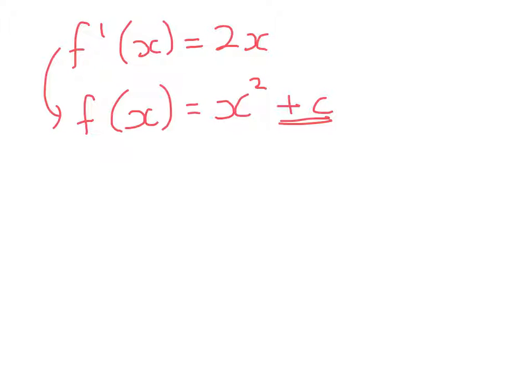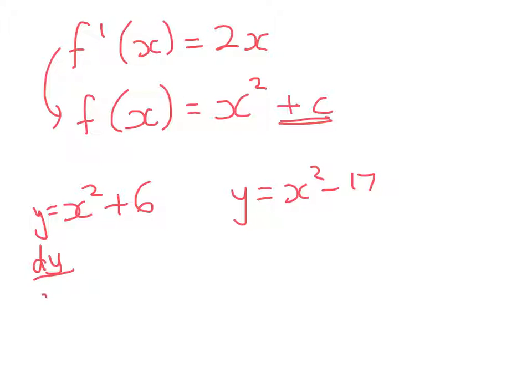And this is any constant, because you can see that if I've got the parabola y equals x squared plus 6, or y equals x squared minus 17, it doesn't matter. The first derivative, or gradient function, is going to equal 2x in both those cases.